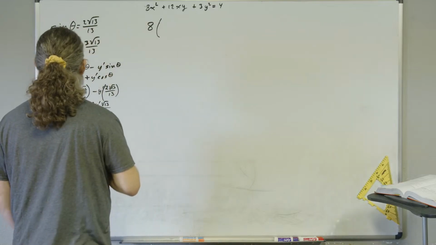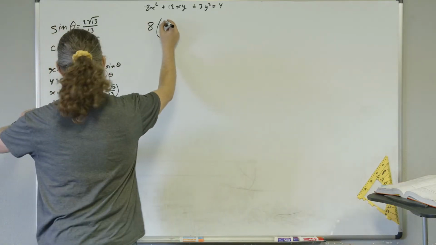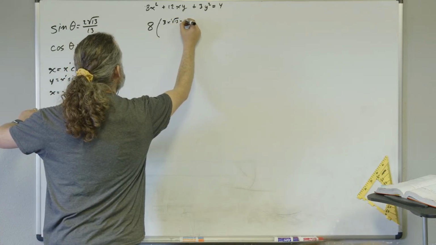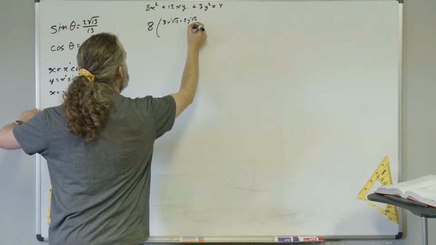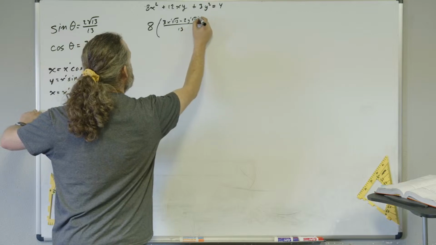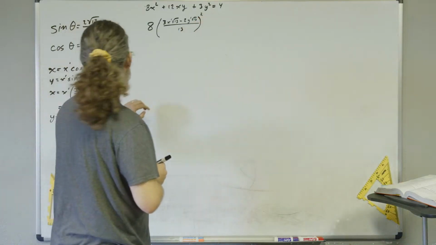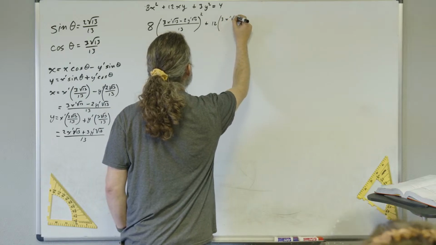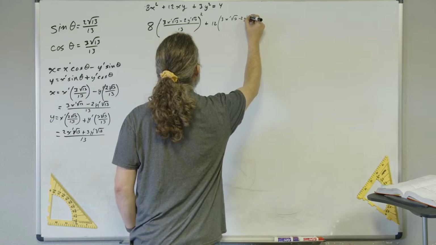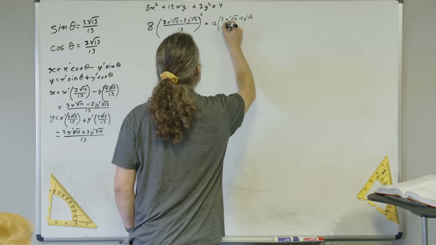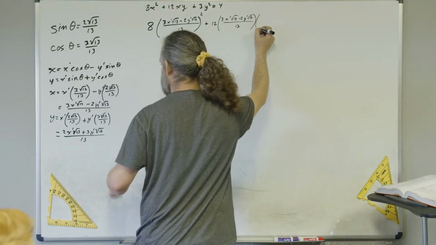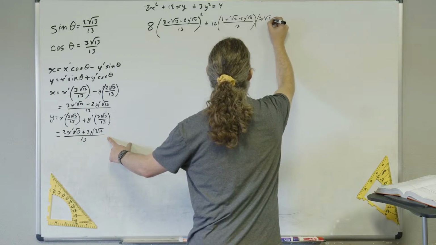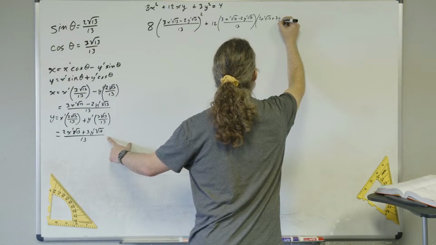X is this one, so 3x prime square root of 13 minus 2y prime square root of 13 over 13, all that squared, plus 12 times that one over 13 times this one, 2x prime plus 3y prime square root of 13.